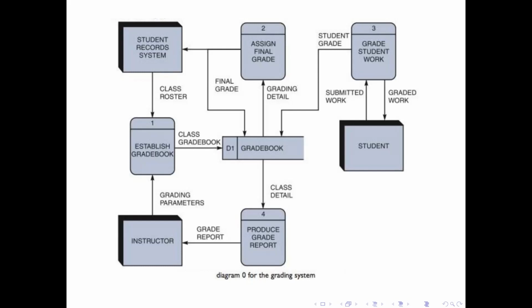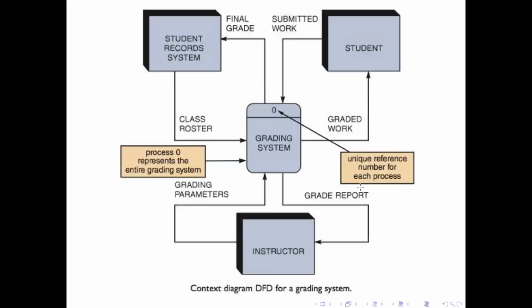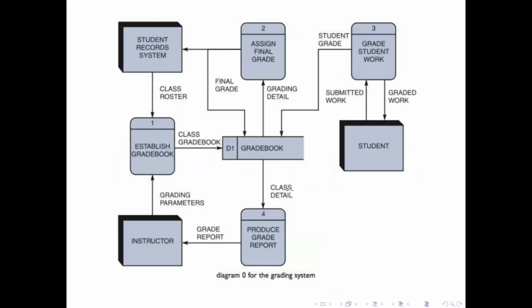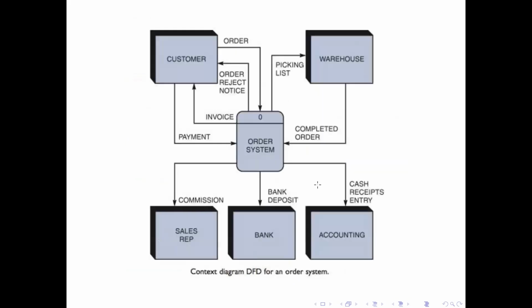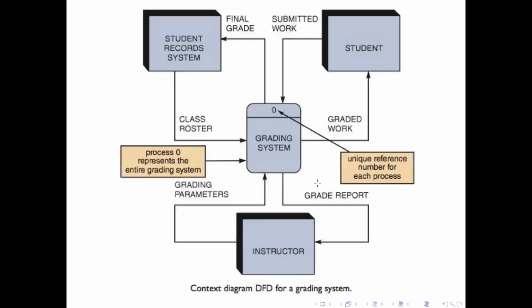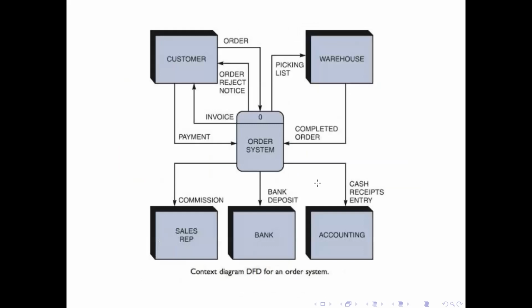In the previous one, we have seen only one grading system. That means one single process, and there are no data stores, right? And this is one level. If you want, actually, you can go to level 1 as well, right? So we have the grading system.